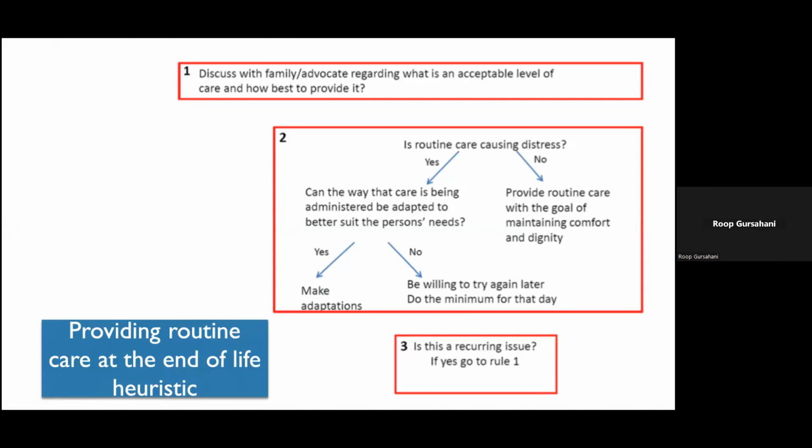And even putting in a Ryle's tube at this stage does not, if you look at the paper that I put up, significantly reduce the incidence of aspiration. In fact, because patients and relatives tend to overfeed and it's difficult to stop them, they regurgitate. So the incidence of aspiration does not go down.